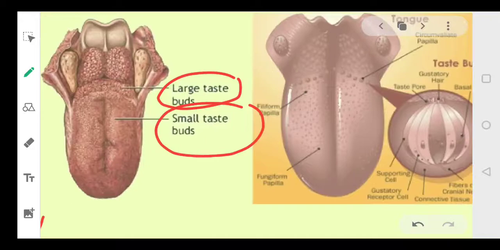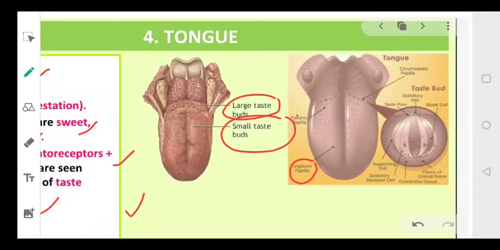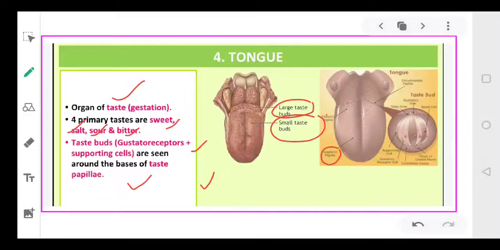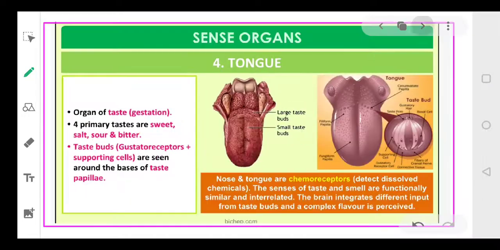You have fungiform papilla, you have filiform papilla, and at the base of these you have the taste buds, and these taste buds can be small or large, and they help in detecting the 4 tastes, that is sweet, sour, salt and bitter. Okay, so gustatory receptors are responsible for taste. In the nose we have olfactory receptors, on the tongue we have gustatory receptors.